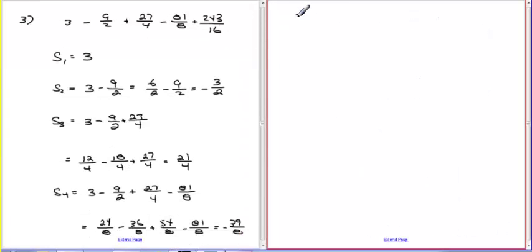And then the final partial sum will be 3 minus 9 halves plus 27 fourths minus 81 eighths plus 243 sixteenths. So now we need to convert to sixteenths. 3 times 16 is 48, so we get 48 sixteenths.